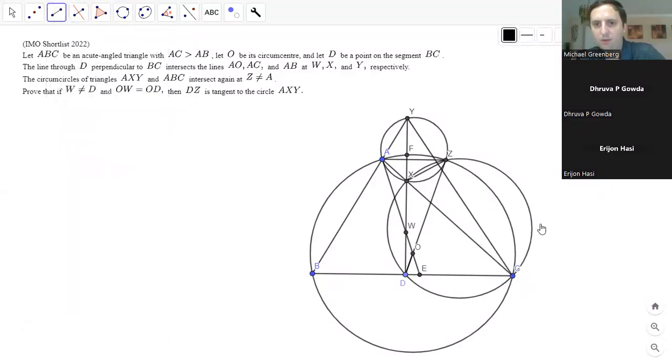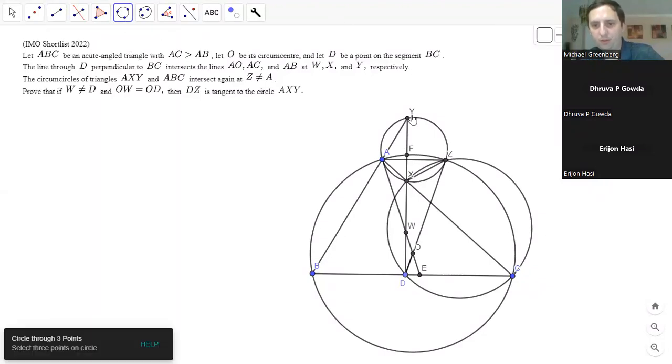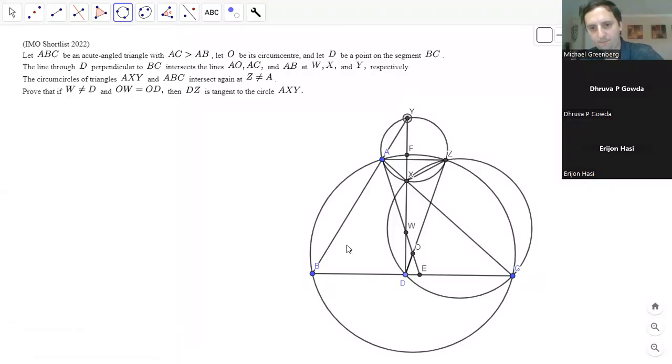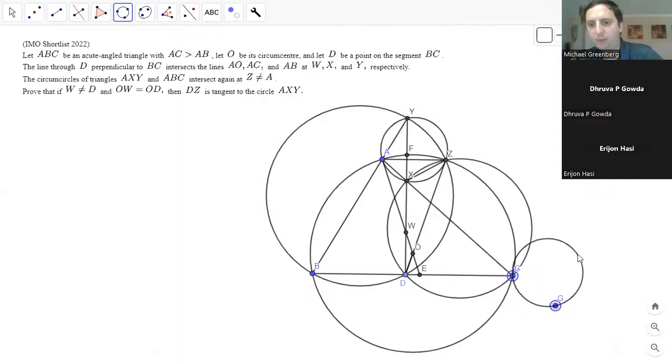If we prove... but no, they are not necessarily collinear because AXDB is not cyclic. But if we prove DXZC is cyclic, we would also get the wanted cyclic. Yeah, this would be cyclic, and we know that ZABC is cyclic.